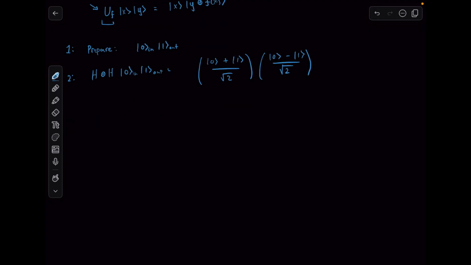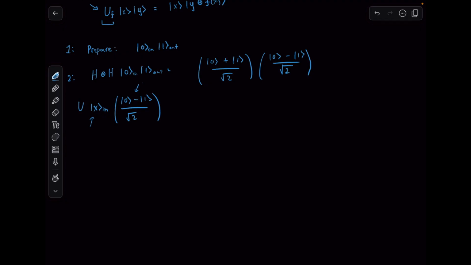Now, before I move on to step 3, which is going to be applying this U_f on our state, I want to examine what happens in the more general case where we don't actually make any assumptions about the input register, but we know that the output register is in this superposition, because the fact that we have this particular state with this minus sign here is going to do something kind of interesting after we apply U_f.